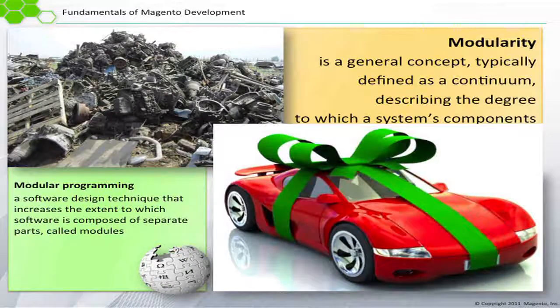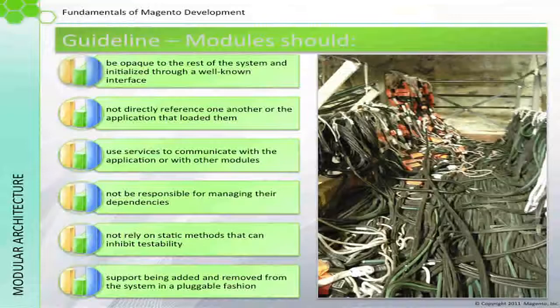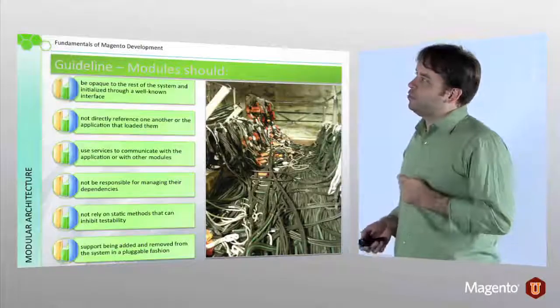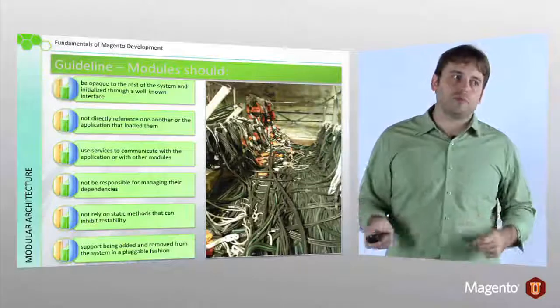All right, let's talk about module guidelines. Some of you who are familiar with other modular-based systems are going to be able to recognize some of these. But you should always consider these, and they are very, very important to remember when you are making your own module.